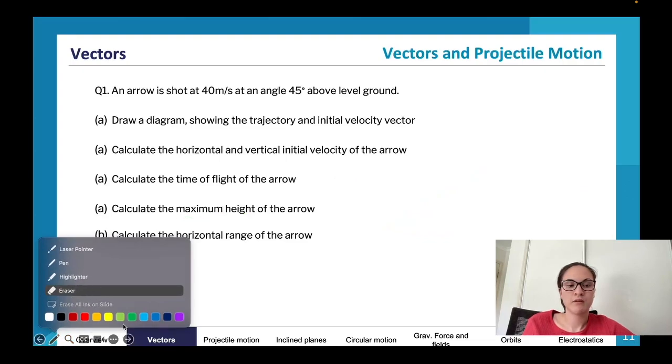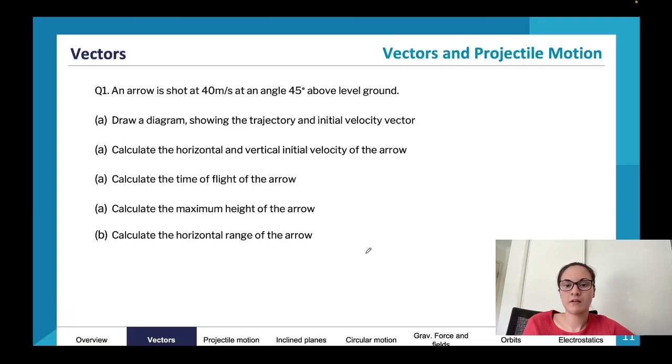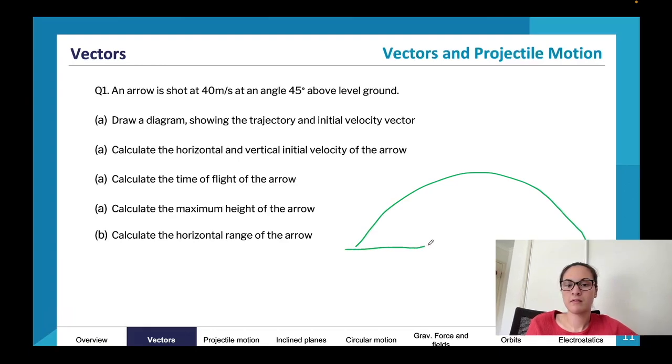Cool. Alright. So we're going to say it goes up like that. Alright. So we've got 45 degrees it was shot at.